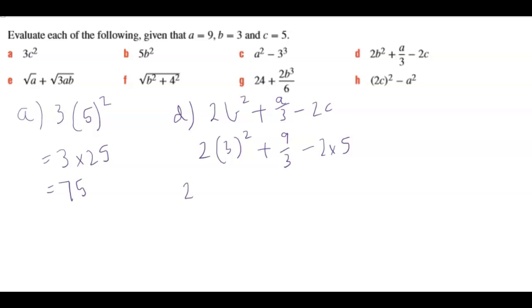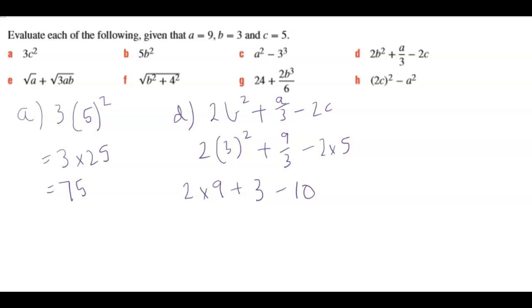Okay, so here we've got 2 times 3 squared. So 3 squared is 9. 9 divided by 3 is 3. And then 2 times 5 is 10. Okay, you'll notice that I've done my brackets, I've done my division, and I've done my multiplication. So I'm really following the order of operations. Now I'll do this multiplication.